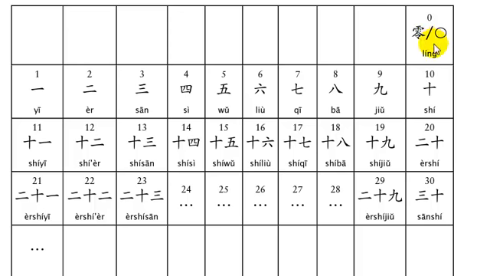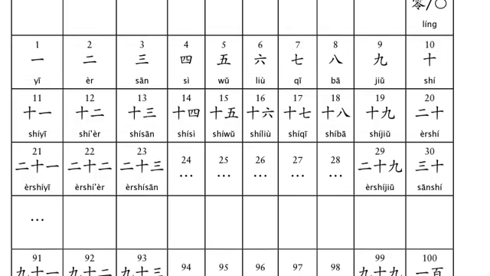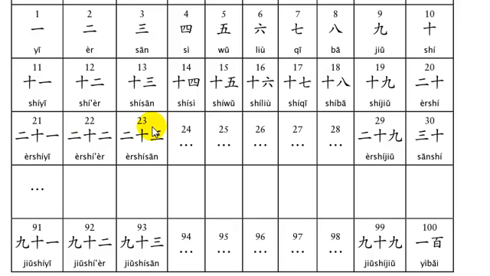You have 0, which is Ling, and the numbers 1 through 10. The teen numbers up to 20 are simply made by taking the character for 10 and then placing any of the numbers 1 through 9 after it.